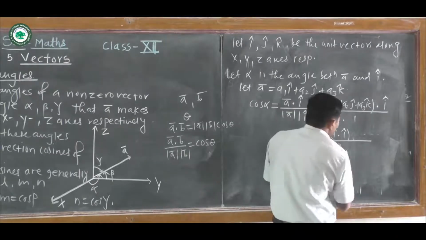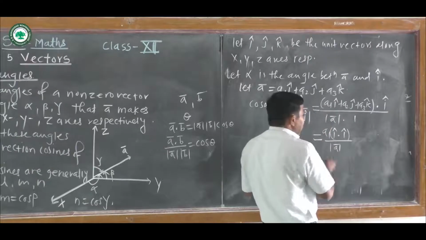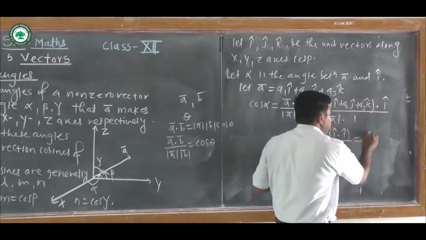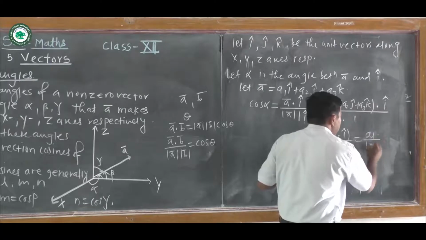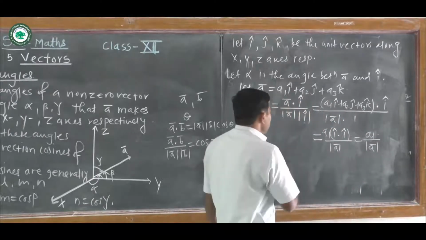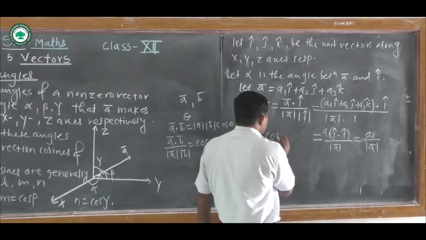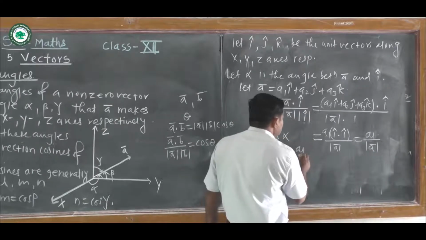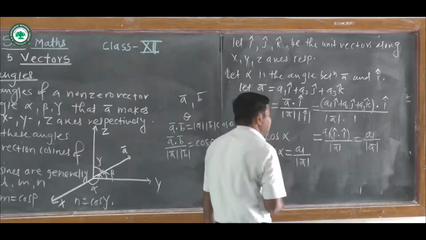Again it is equal to, we know that a1 I cap dot I cap, this is 1, so a1 into 1 means a1 divided by magnitude of vector a. So we have cos alpha is equal to a1 divided by magnitude of vector a.